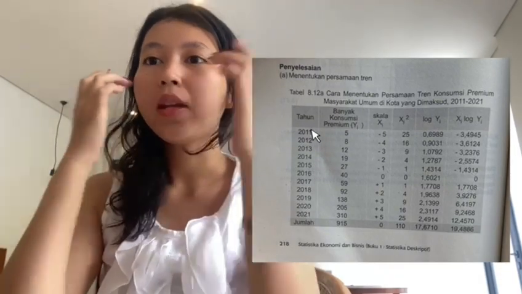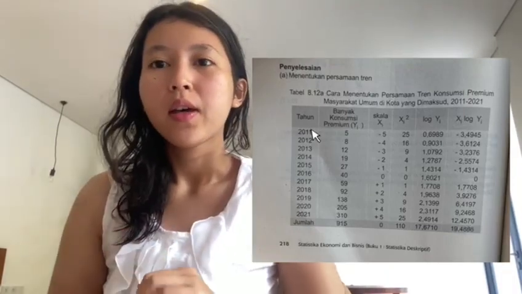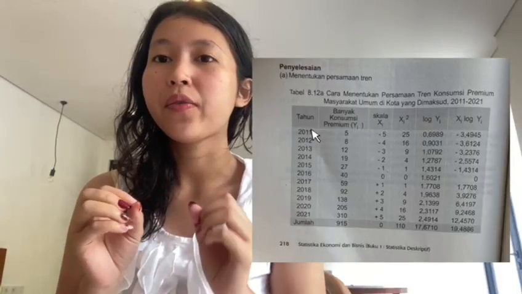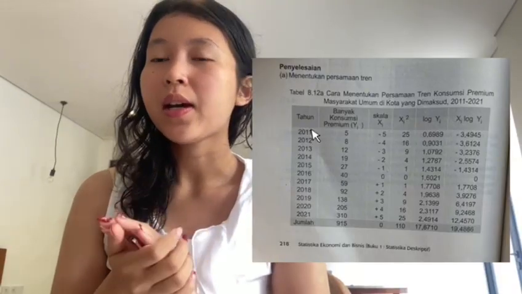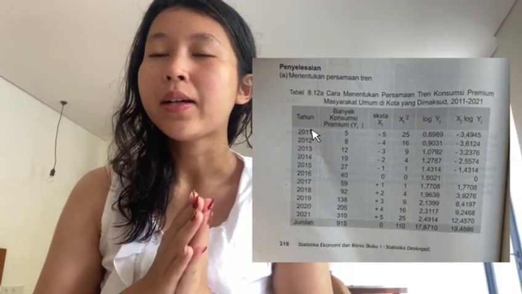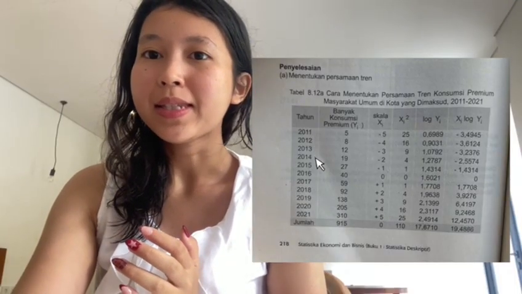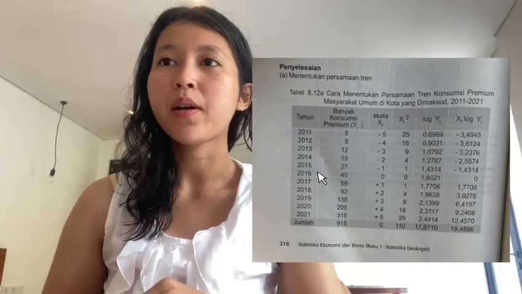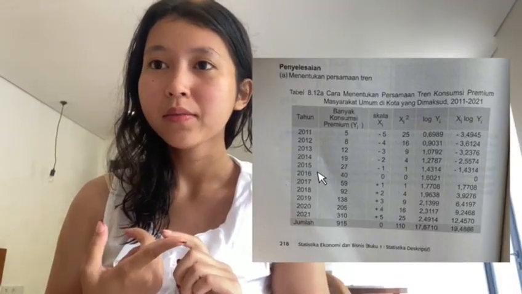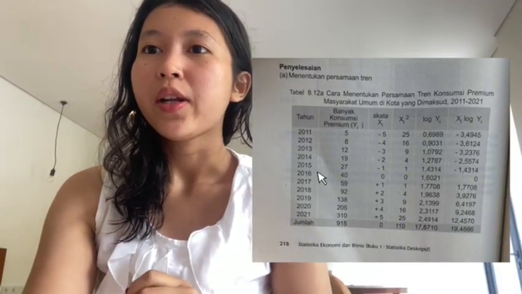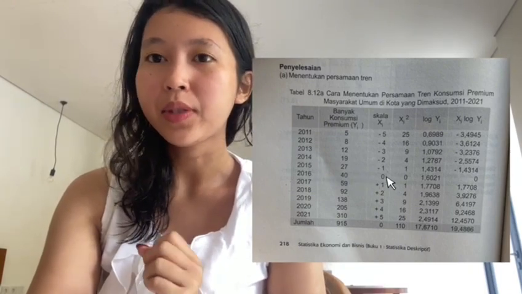We have 11 years, so we can conclude that the total number of data is odd. It's not even. Since the data is odd, we can take the middle year, which is 2016. If you remember the previous material about the least square trend, the middle year always has the scaled value of 0.